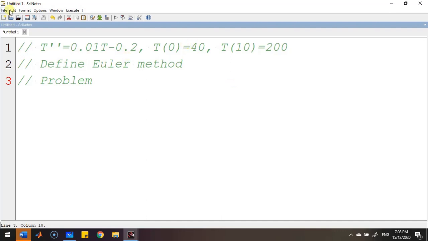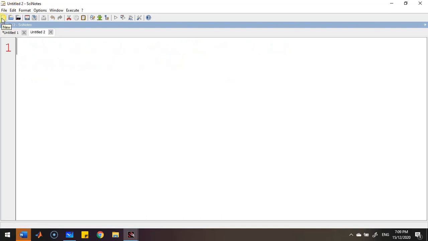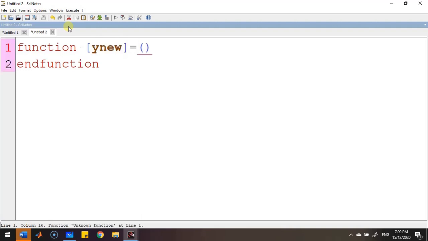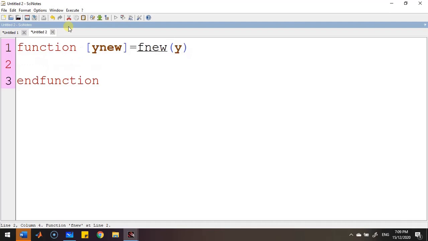So open a new file and define the function, the problem. Write it as y new equals f new y. Instead of using t and z, I can use y1 and y2. y1 equals y2.